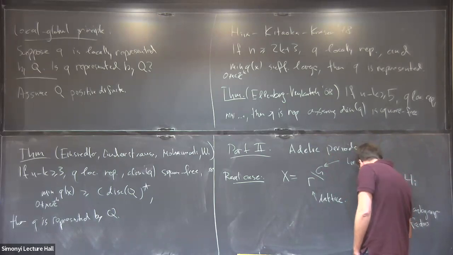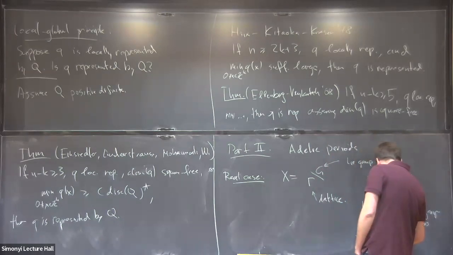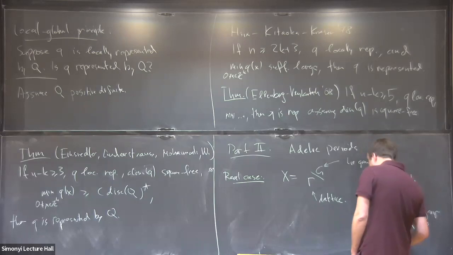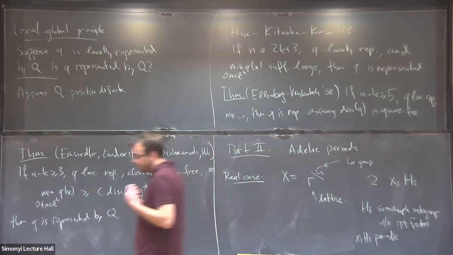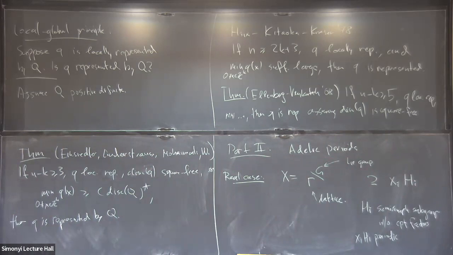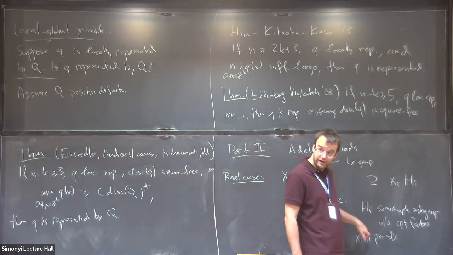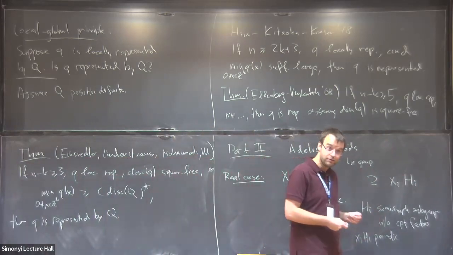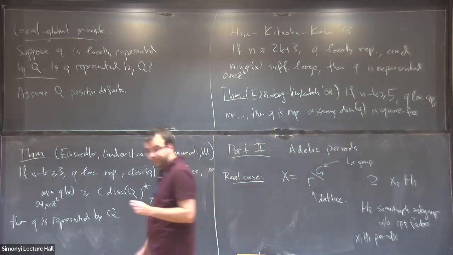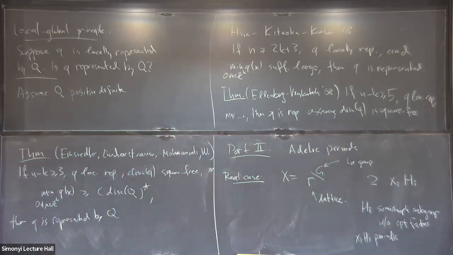Orbits are periodic means that the invariant measure of H_i is finite, or put differently, that the stabilizer of this point in H_i is a lattice as well.